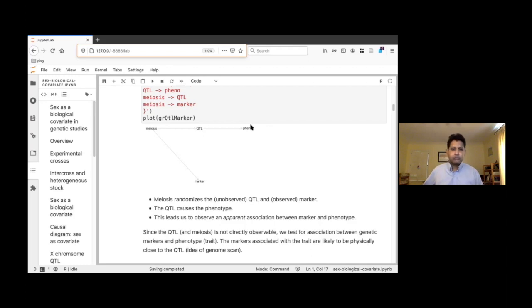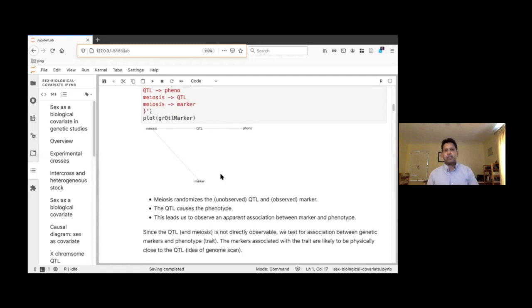Okay. If you could directly observe the QTL, then it's just like a randomized trial, and you can directly observe the association between QTL and phenotype. So in the genome scan, what we are doing in QTL studies is taking basically all markers, or very closely spaced markers all along the genome, and markers that are on the same chromosome, that is, share the meiosis with a potential QTL, will show an association.